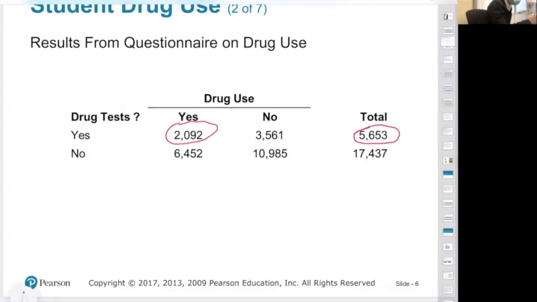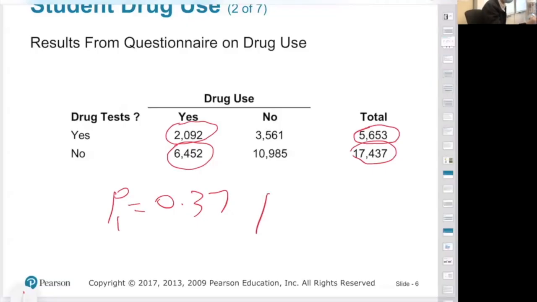And if it's no, which means the school doesn't make the test, this number of students here is divided by the total. You will find the percentage for the first group is about 0.37, and for the second group the percentage here is also 0.37. You can see this in this chart.